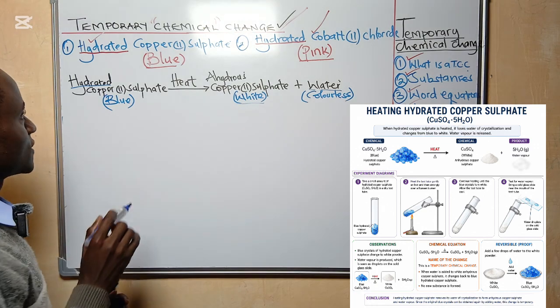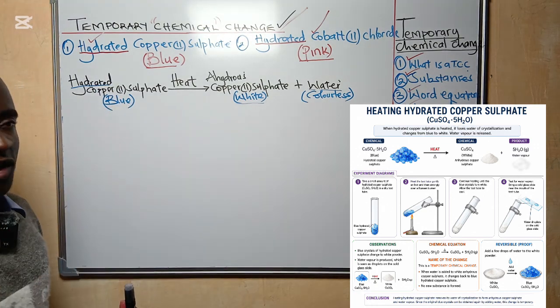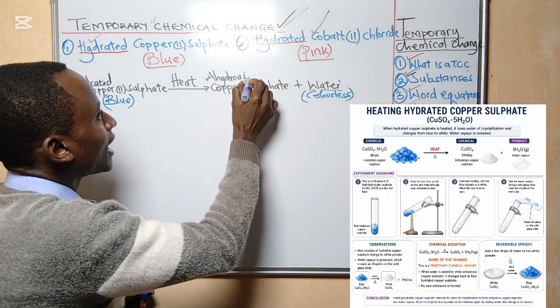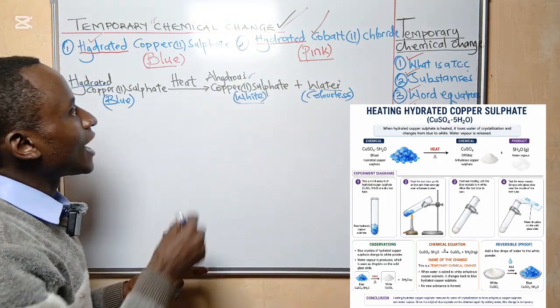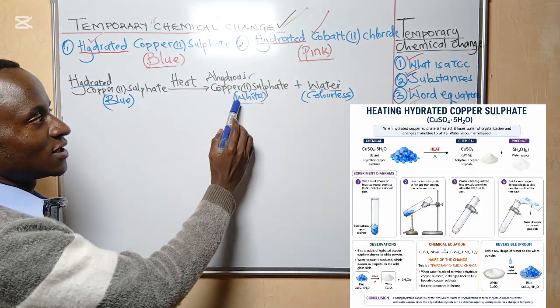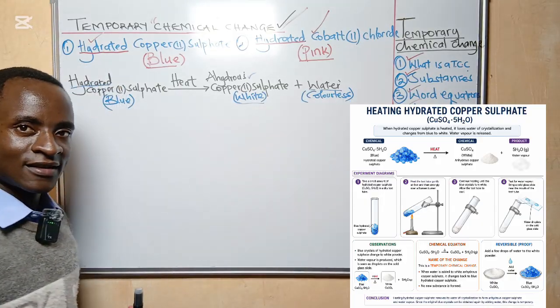Let me repeat this. When you heat hydrated copper 2 sulfate, it loses water of crystallization to form anhydrous copper 2 sulfate, which is white in color, and the colorless liquid.